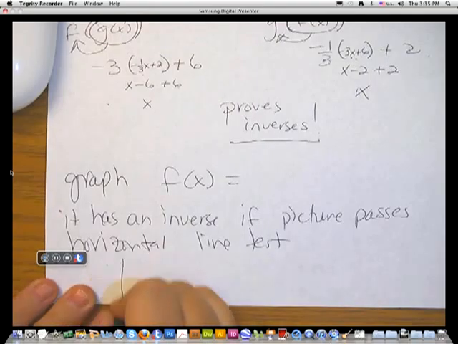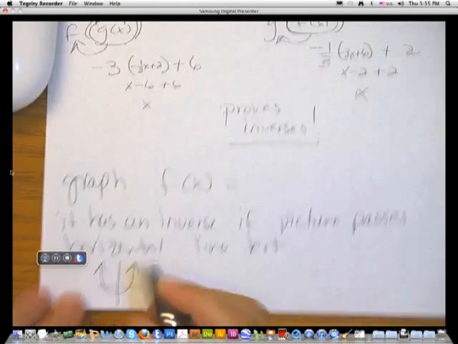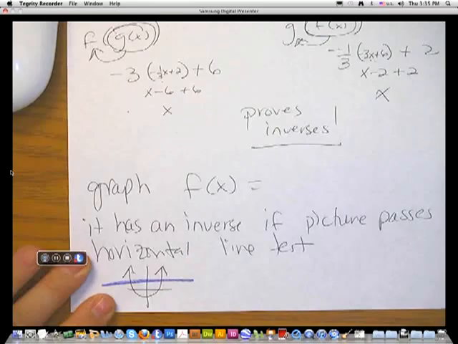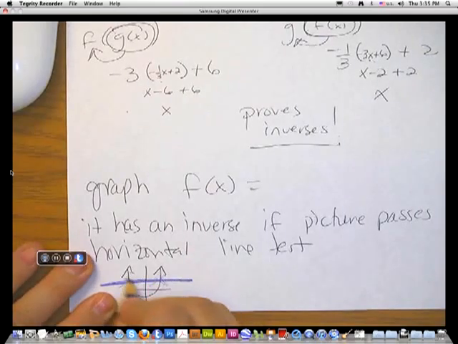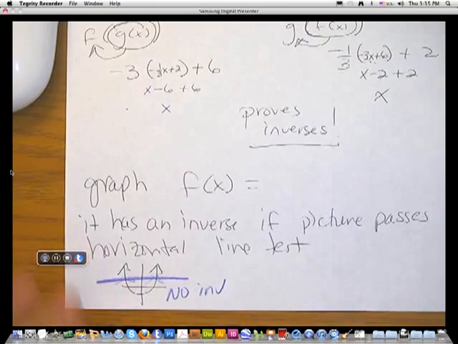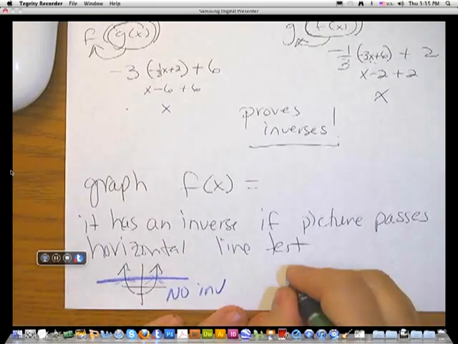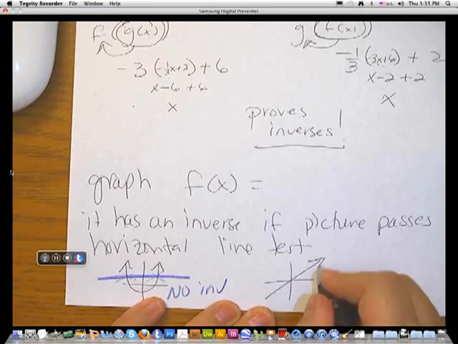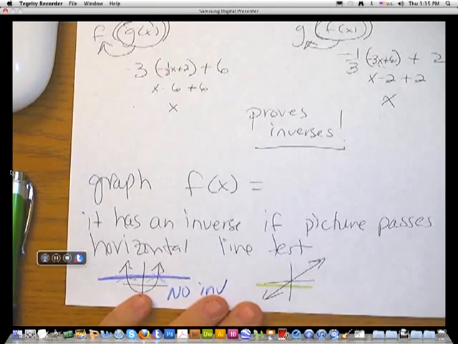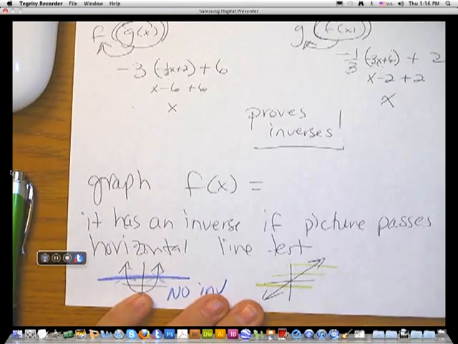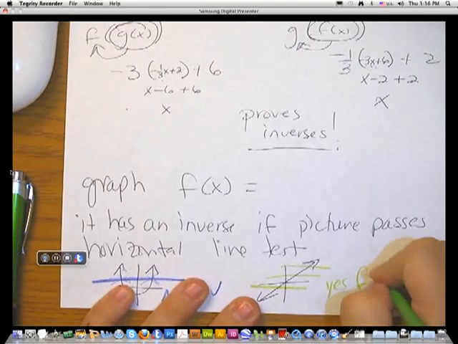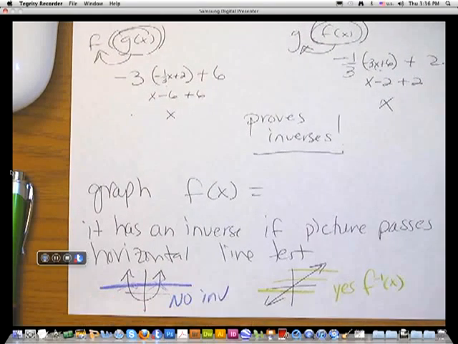So here's a picture of a parabola. If I do a horizontal line test, it hits more than once, no inverse. Here's a picture. When I do a horizontal line test, no matter where I do it, I only hit one time. Yes, there is an inverse.